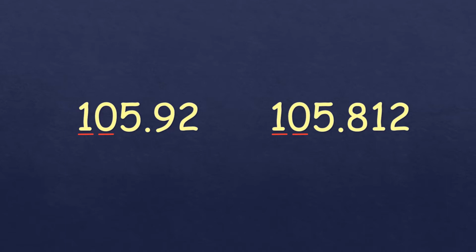So let's continue until we find a place value with a different digit. Here it's 5, it's the same. So let's move into the tenths, where the digits are different, which is 9 and 8, and the number at the left is bigger than the number at the right. So we're going to use the greater than symbol.